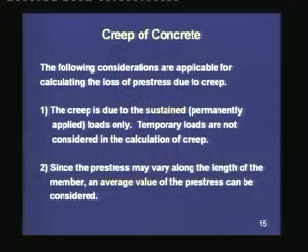The second consideration is, since the prestress varies along the length of the member, an average value of the prestress can be considered, especially for a post-tensioned member with a curved profile. The prestress can vary along the length because there will be a loss due to friction, but we can consider an average prestress to make the calculations simpler.